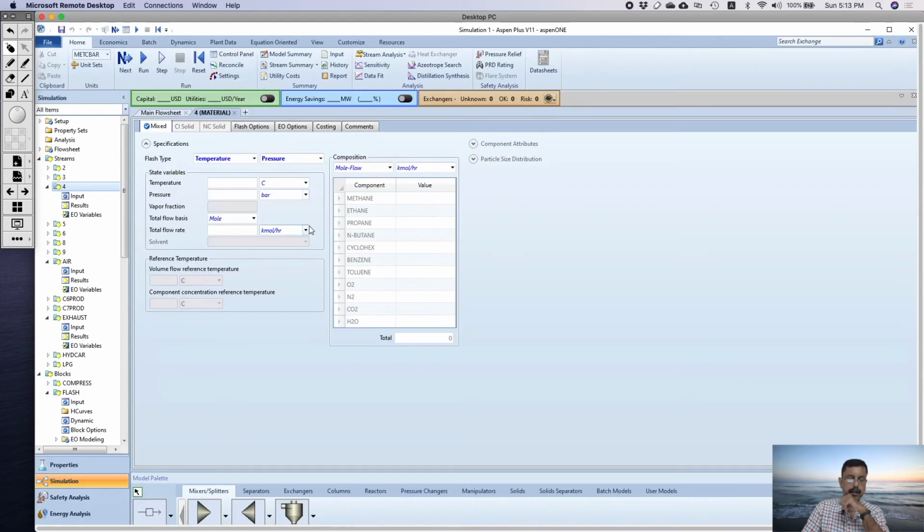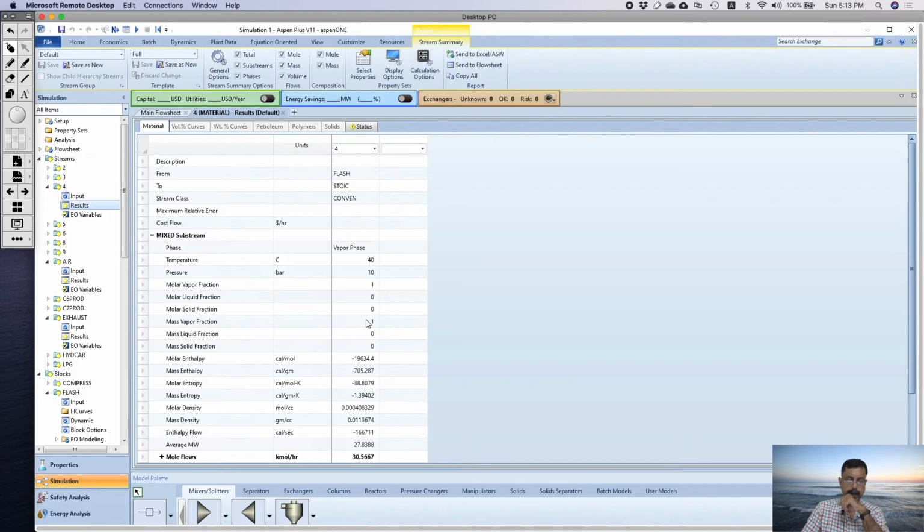So the result in the number 4, we had mole flow of 30.5667. So it is 30.5667. So much of mole of leftover gas is going upwards.